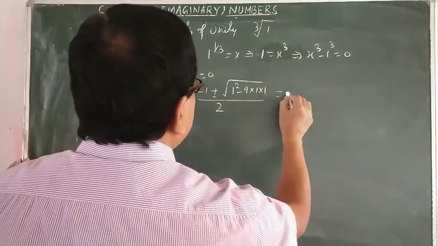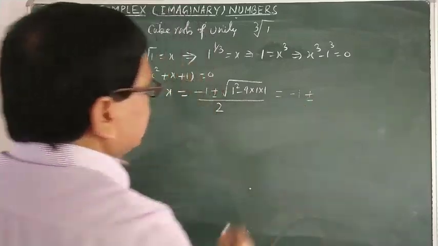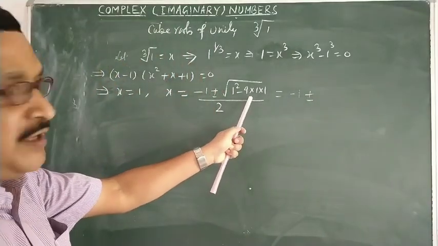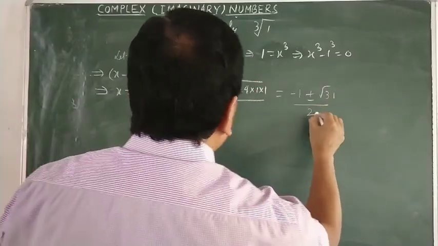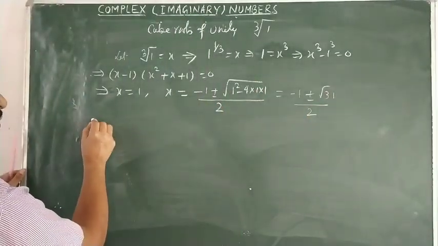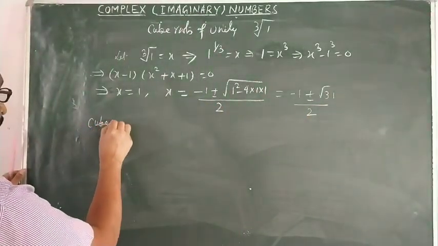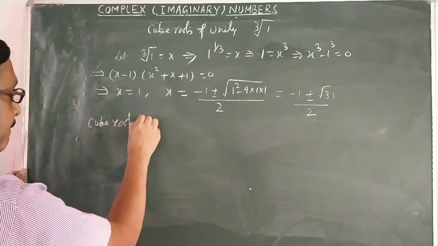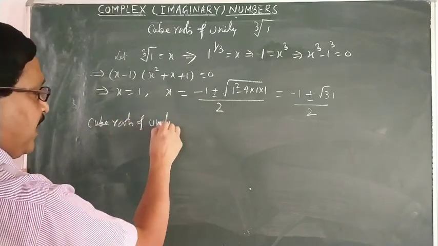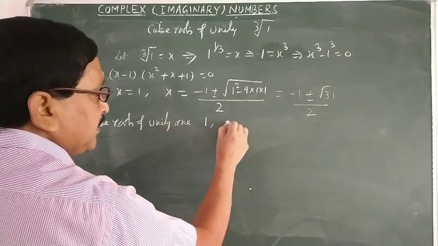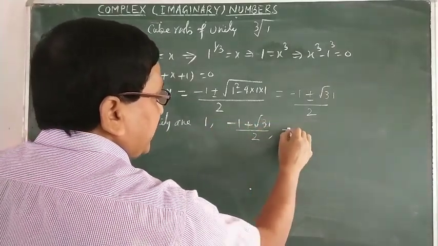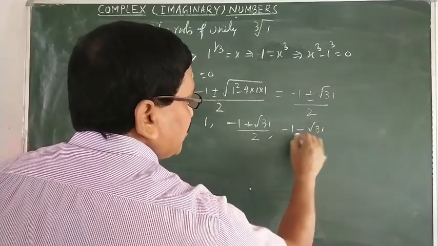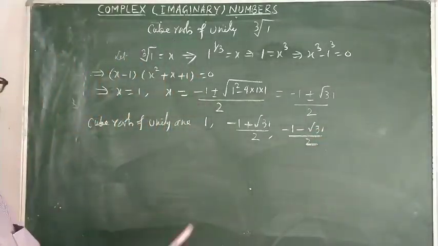When this is simplified, minus 1 plus minus root of minus 3, which is root 3i, by 2. Now the cube roots of unity are 1, minus 1 plus root 3i by 2, and minus 1 minus root 3i by 2. So these are the cube roots of unity.